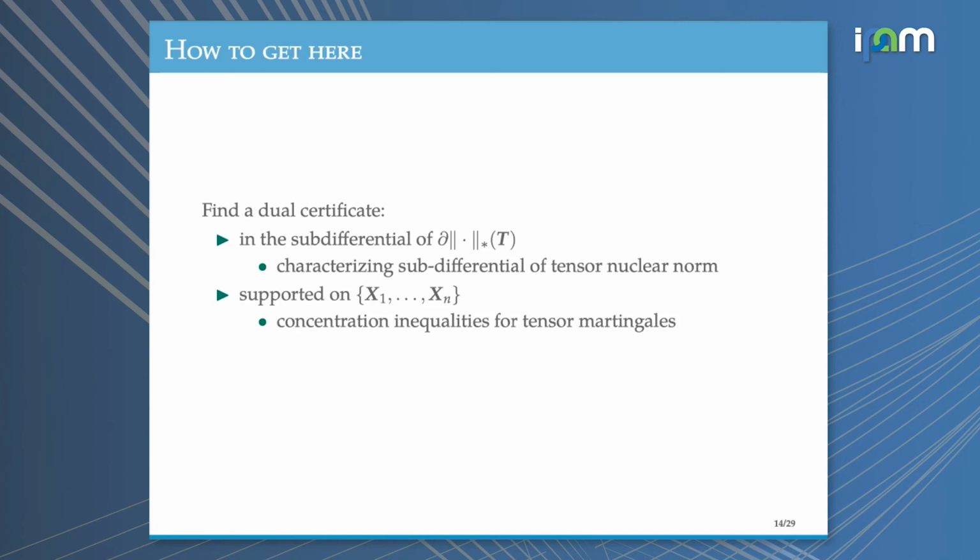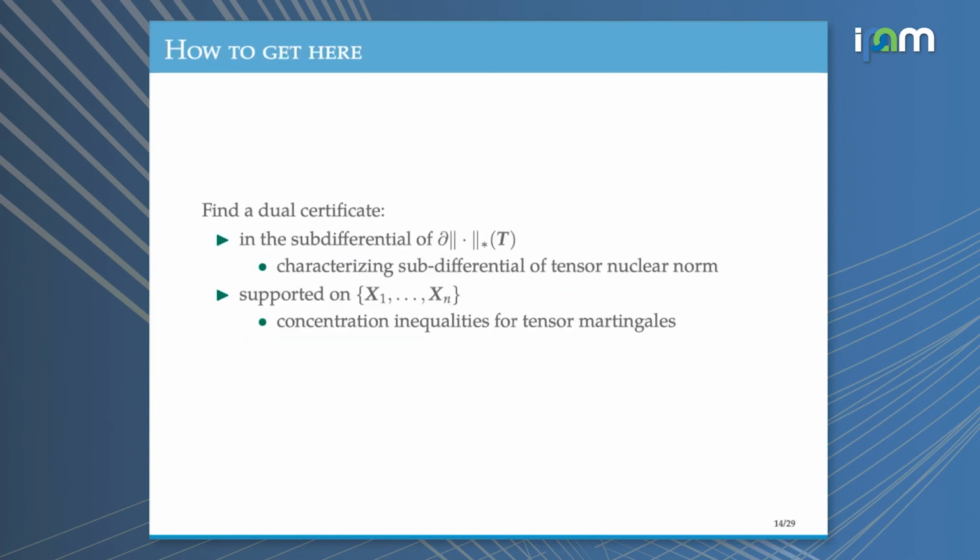And secondly, as I mentioned, because we want to find a member from the sub-differential that's only supported on those entries we observed, and those entries are uniformly sampled, what we need is a little bit of probabilistic tool, which is to have concentration inequalities for tensor martingales. And it turns out there's a significant difference between the matrix case and the tensor case.